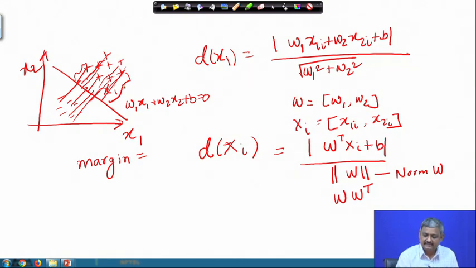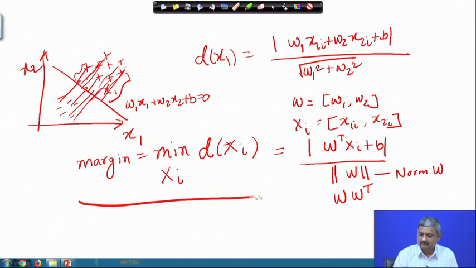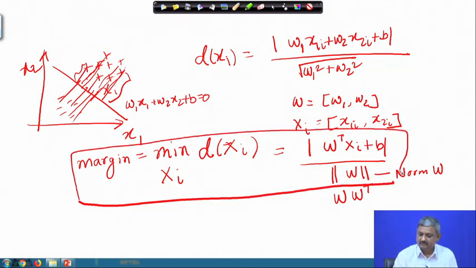So, margin is nothing but the minimum of these distances over all the x_i. So, that is my definition of the margin. Note down, this is a very important quantity, the margin.